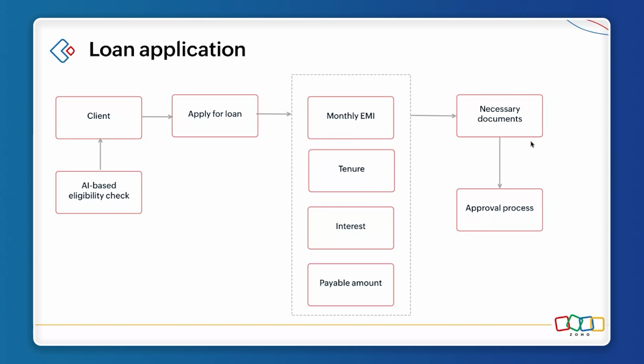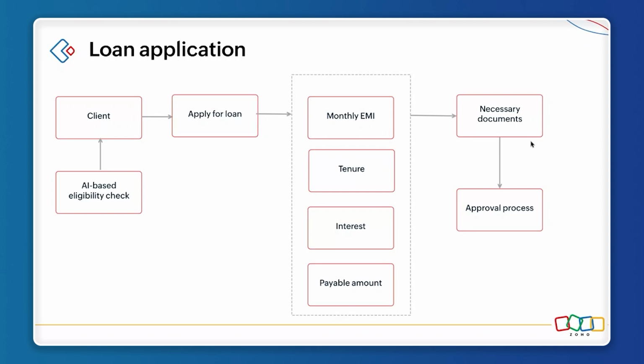Depending on the loan amount, we calculate the monthly EMI, tenure, rate of interest and the payable amount automatically. Then we collect the supporting documents from the client's end and send the documents for the approval process. So this is how we are managing the loan application.